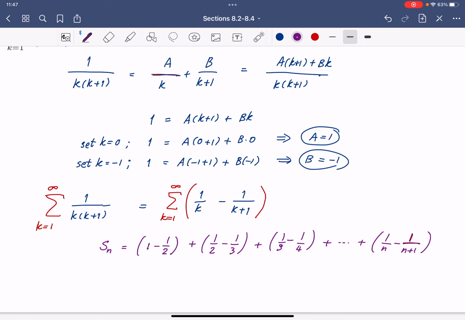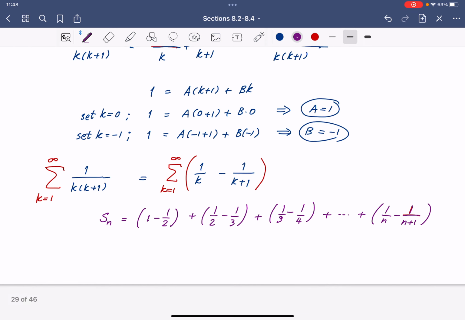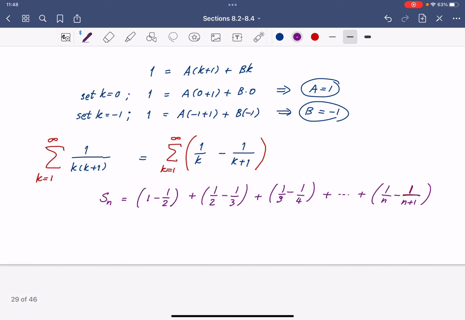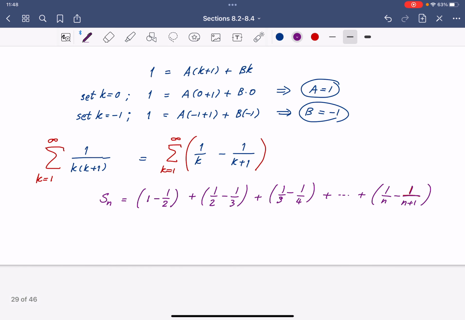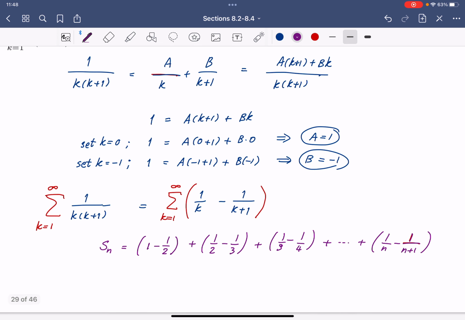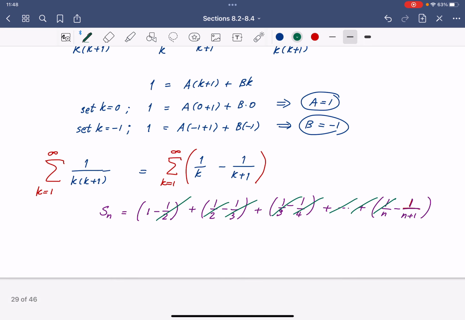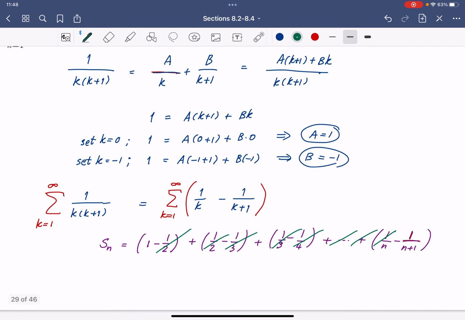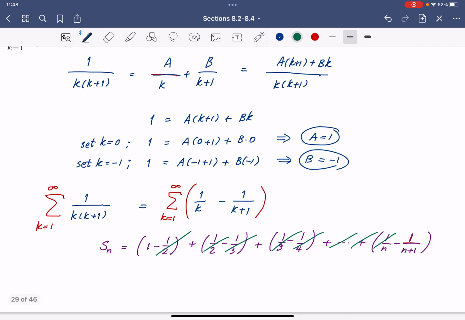And now make a cancellation. You can see that a lot of terms cancel out. If you cancel 1/2, you can cancel 1/3, you can cancel a quarter, and keep going. Everything is going to cancel out perfectly, up to the end part. At the end, your Sn is only going to have 1 minus 1 over n plus 1.